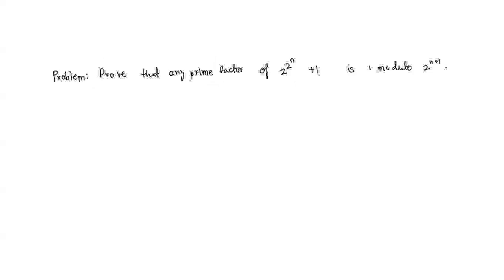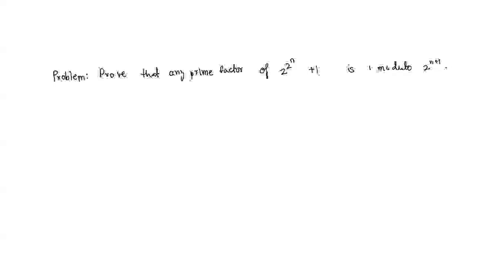Isn't 2 to the power 2 to the power n plus 1 a Fermat number? It is. Isn't it supposed to be a prime though? Let me search it up. All Fermat numbers are not prime, so it makes sense. Fermat numbers are of the form 2 to the power 2 to the power n plus 1.